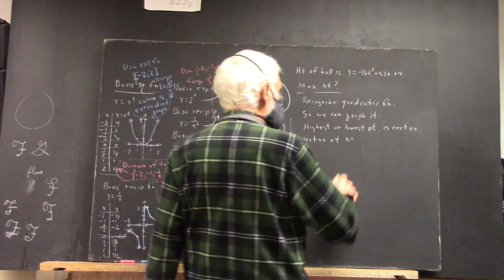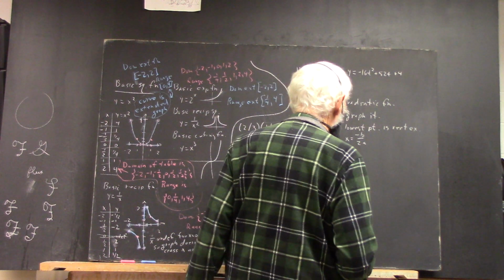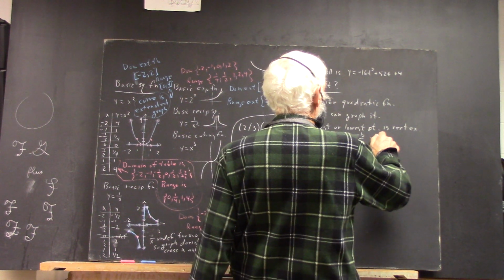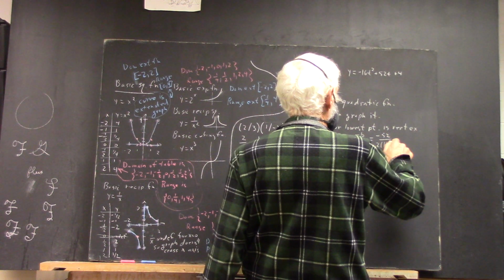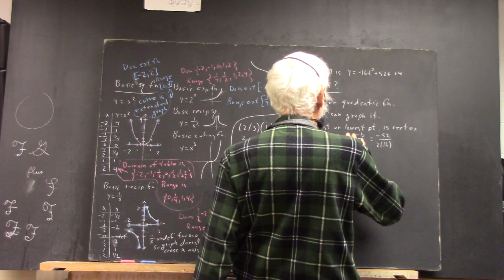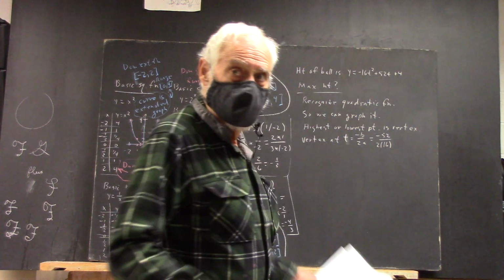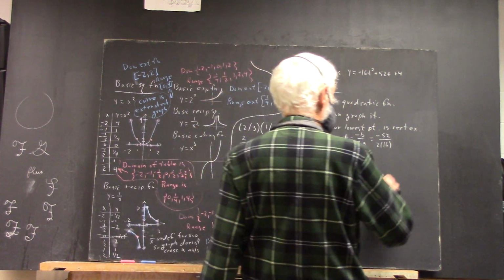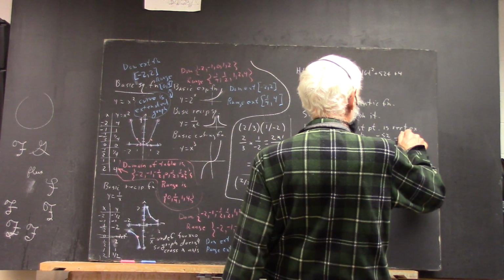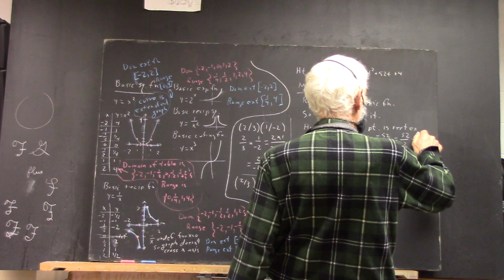The vertex is that x equals negative b over 2a, equals negative 52 over 2 times 16. And it's not x, it's t in this case. The quadratic formula works for t as well as it does for x. Negative 52 over 2 times 16 is negative 52 over 32, which reduces down to 13/8.